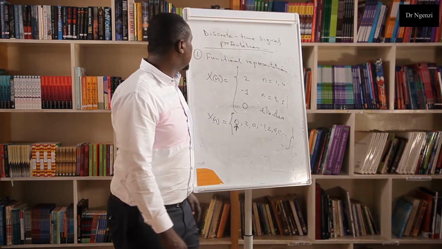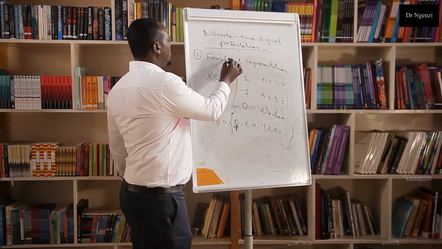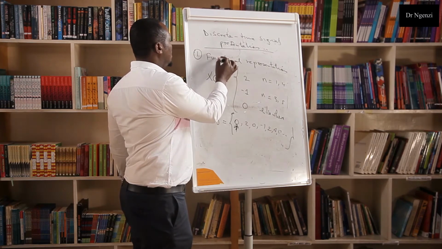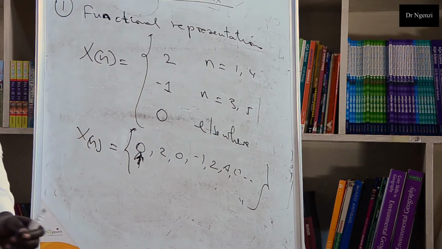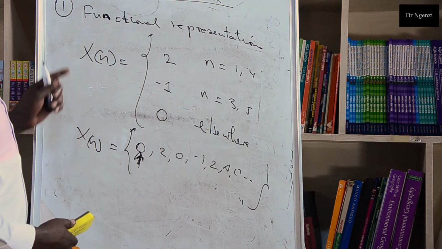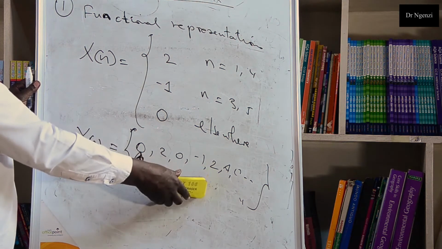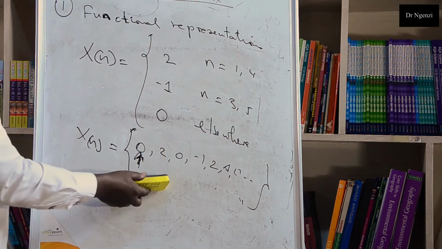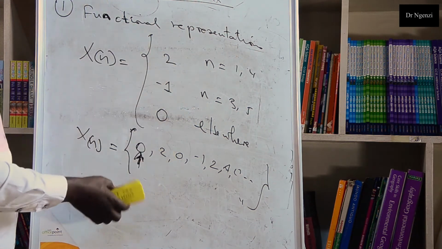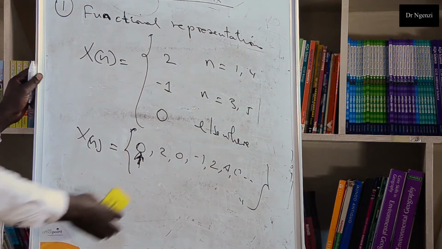This is an example of a functional presentation of any value in discrete form. Given this number, how do you present it in functional form? You can do it, or you can do it the other way around.